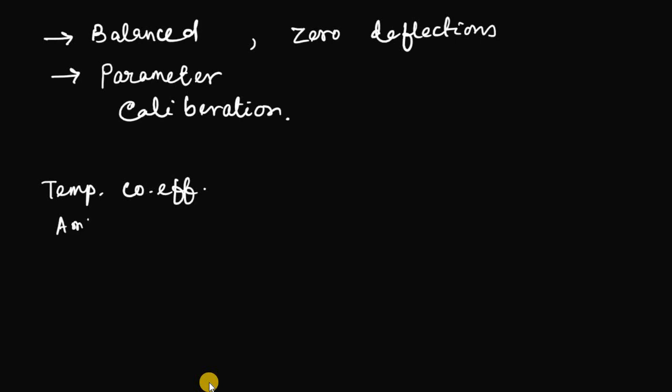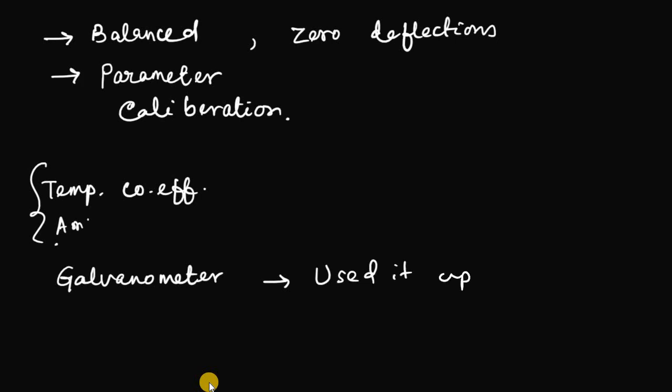Now, sometimes due to the temperature coefficient of resistors, as we have already discussed, or some ambient temperature difference, or due to heating effect, or sometimes prolonged use, the galvanometer may not be able to see the deflections over its resistance. If it is used too thoroughly, it may happen that the galvanometer will not show any deflection. That is the first case.